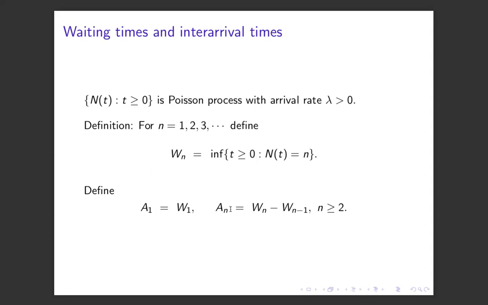So A sub n would correspond to the number of trials between the n minus 1th success and the nth success. So this is a natural object which you can associate with the Poisson process. Note it down if you want.